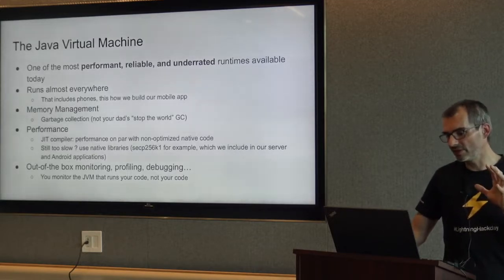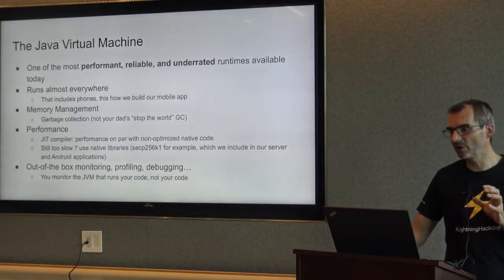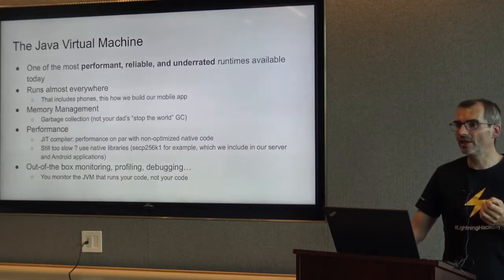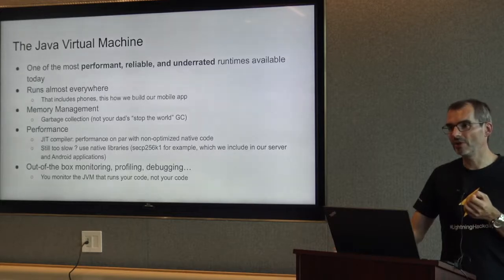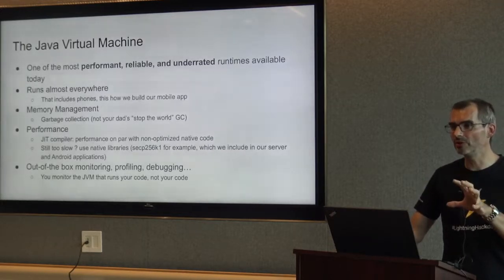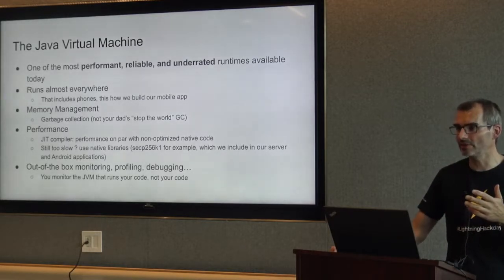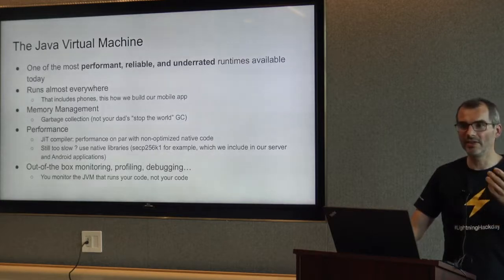When I say that performance is on par with non-optimized native code, if you get a domain expert to optimize your code, a domain expert who knows exactly what your algorithm is supposed to be doing and who has a good understanding of your target runtimes, then native code can become much, much quicker than Java code.